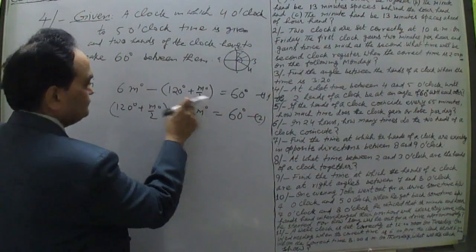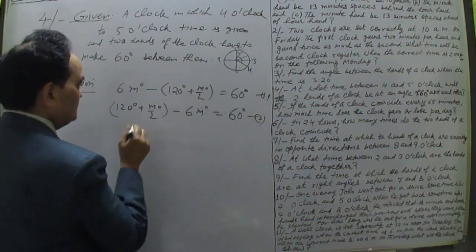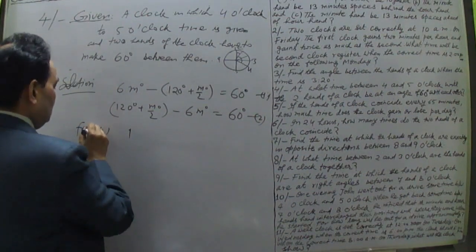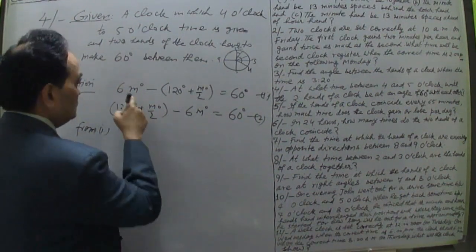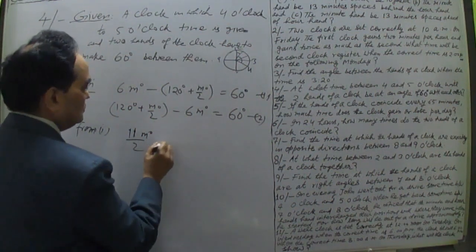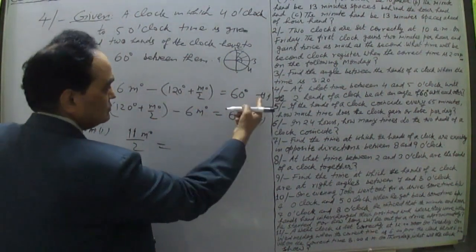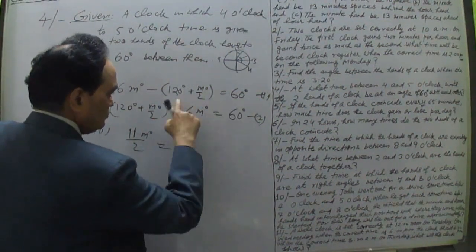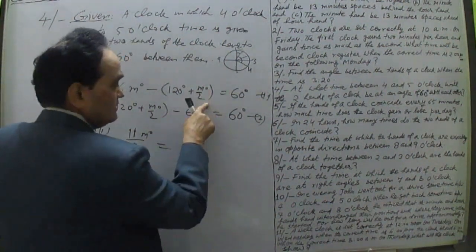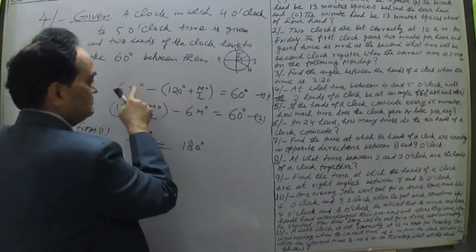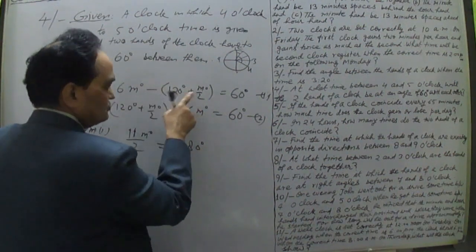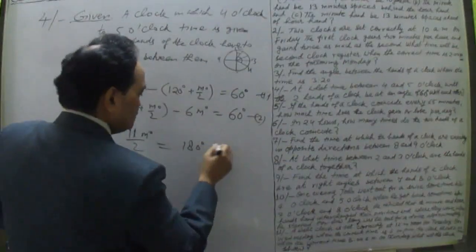This m by 2 is minus and 6m is positive, so 6m minus m by 2 gives us 12 minus 1, 11m by 2. So 11m upon 2 is equal to 60, and the minus 120 degrees taken to that side will be positive. 60 plus 120 is 180 degrees.